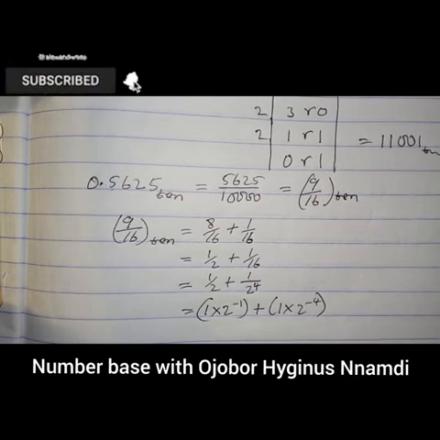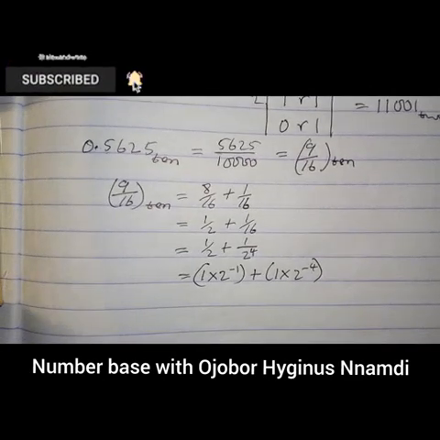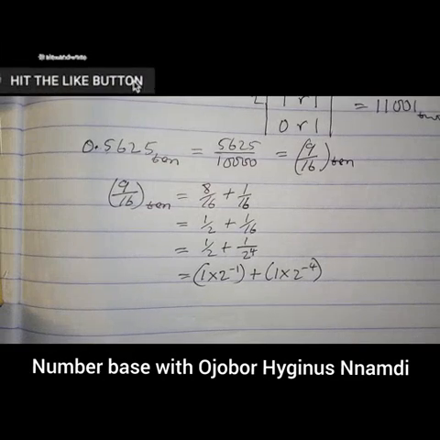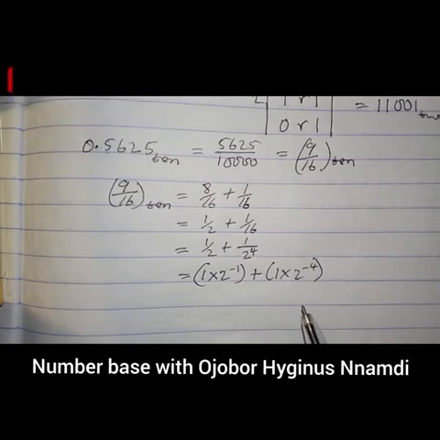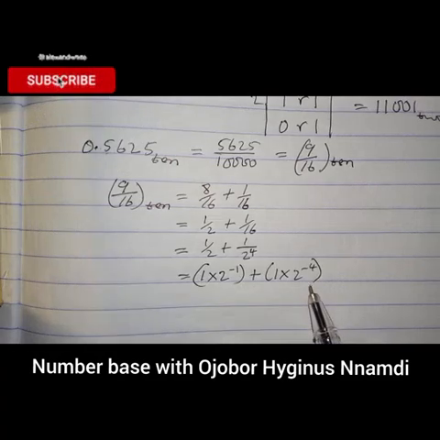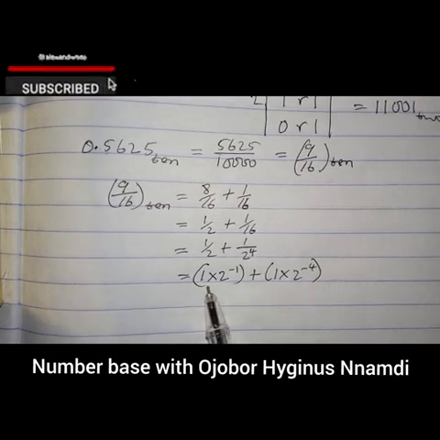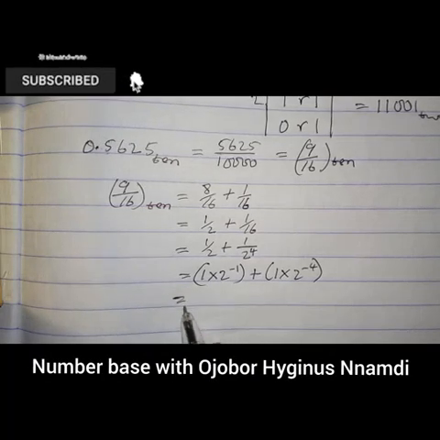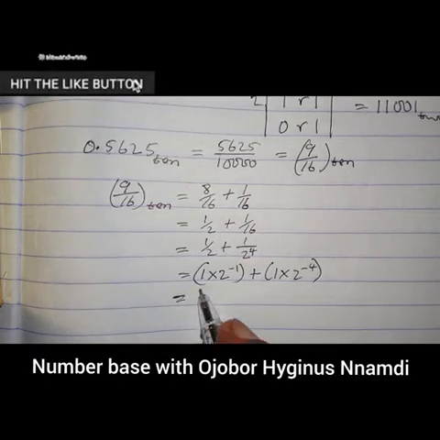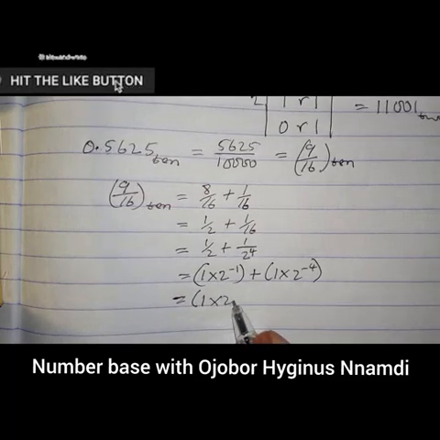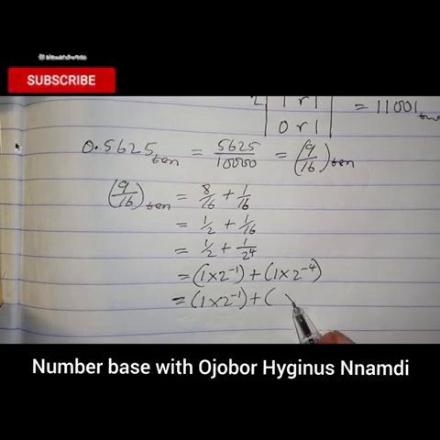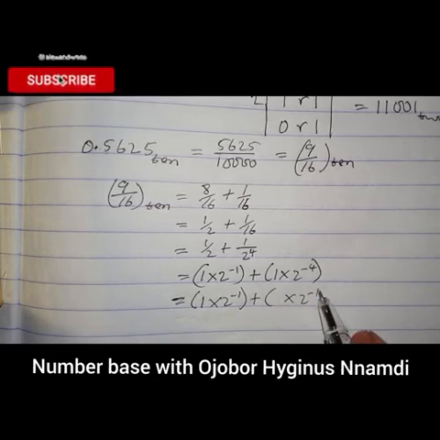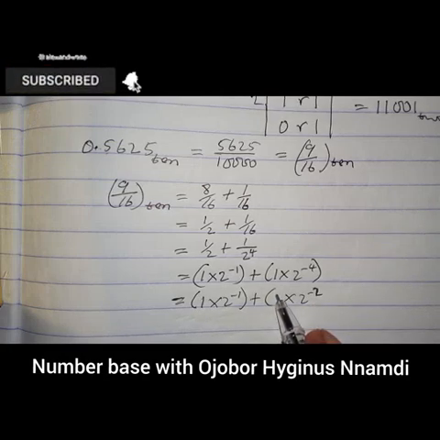Now, in this kind of conversion, we do not jump. So we are going to represent every position. Since we have minus 1, we should have minus 2, we should have minus 3 before we have minus 4. But since there is no minus 2 and 3 in what we have here, what we ought to do is to introduce it. So we write 1 times 2 raised to power minus 1 plus, how do we place the 2 raised to power minus 2? Since there is no minus 2 here, we are just going to multiply it by 0, because we know that 0 times anything will still be 0.